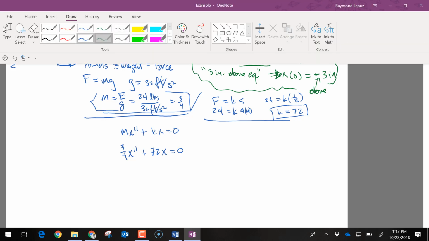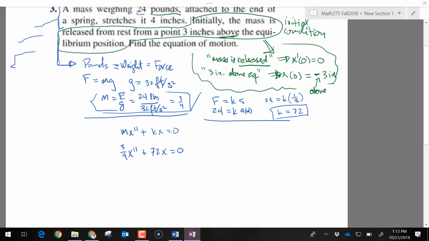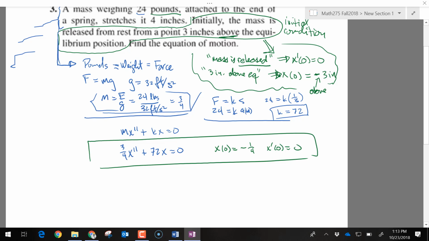And we have x of 0 is equal to 3 inches, which is 1/4 of a foot, and x prime of 0 is equal to 0. So here's our initial value problem.